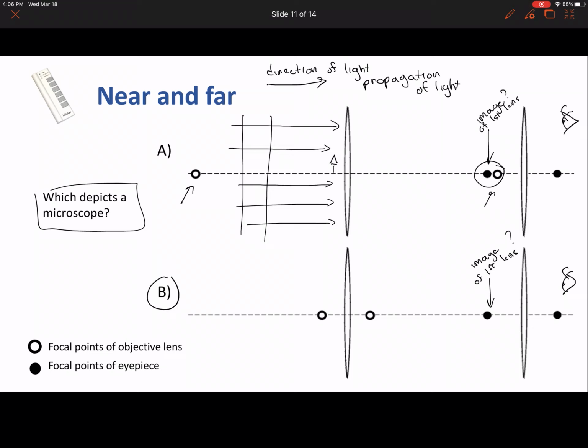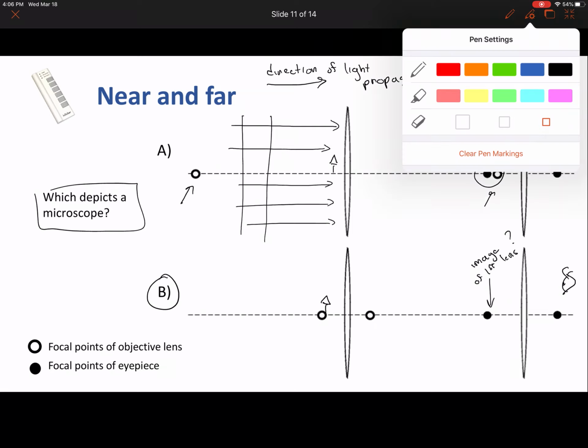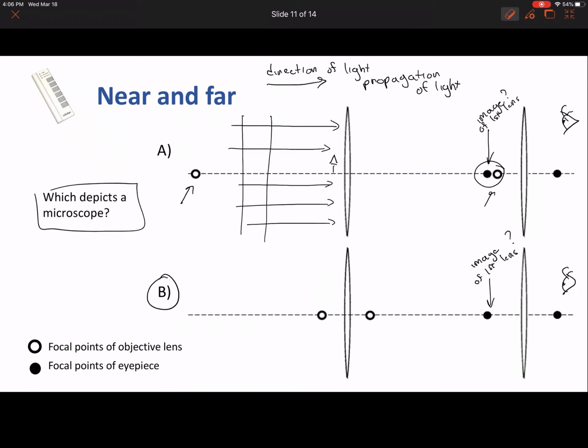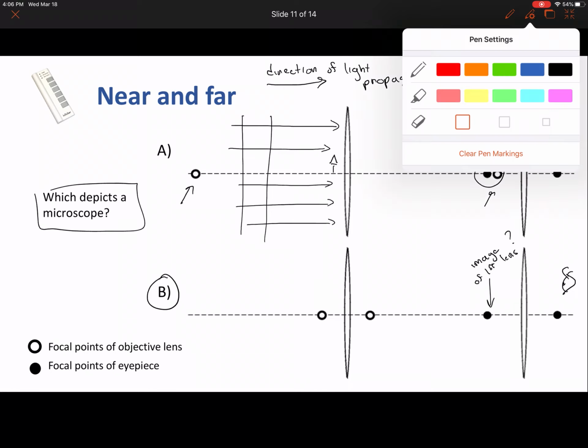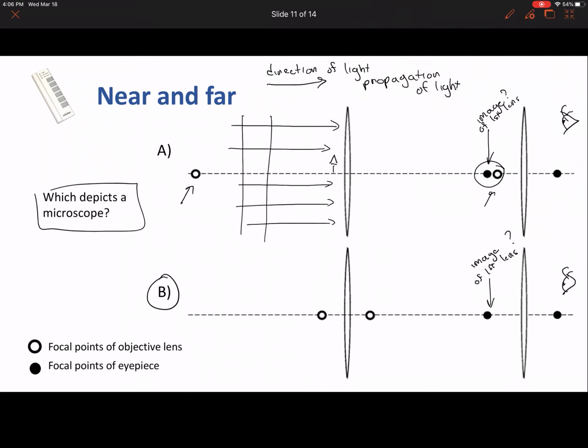Case B, that's our microscope, right? In case B, now I'm looking at a very small object that's very close. I would need it actually just outside. Let me redraw this. It needs to be just outside because I need a real image, just outside the focal point of this objective lens. What I'm going to do is create a very large real image.